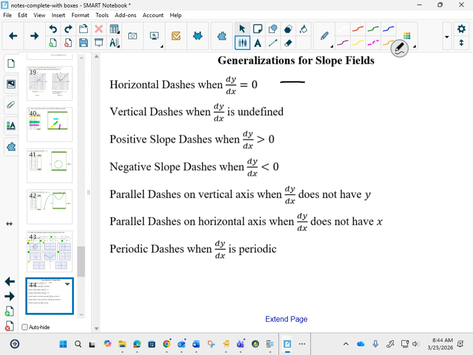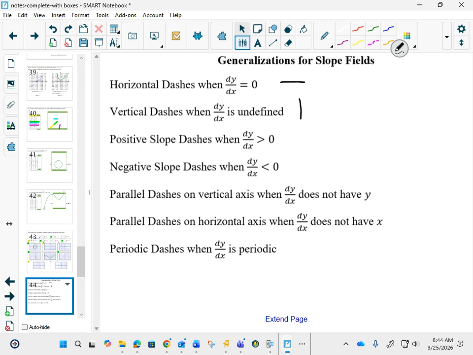In a slope field, all of those little tiny dashes are tiny tangent lines, and if your derivative is 0, then you'd have a horizontal tangent line. If you have a vertical tangent line, that means your slope is undefined, so dy/dx does not exist.